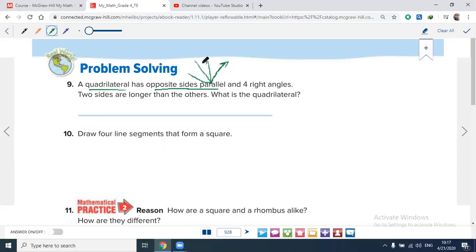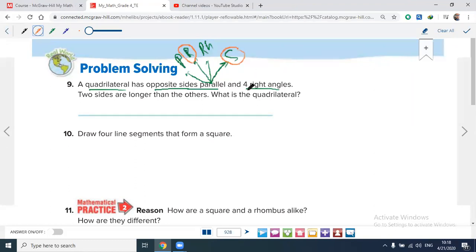All of these have each opposite sides parallel. So before, 4 quadrilaterals have the same property or description: opposite sides are parallel. I have parallelogram, rectangle, rhombus, and square.